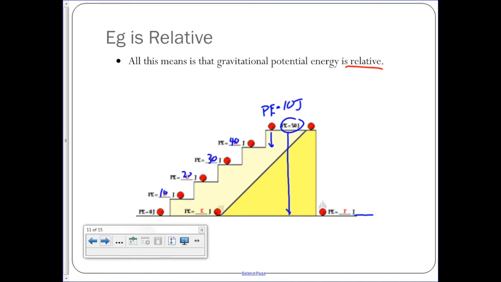So it really depends what you're looking at here. If you're looking from the first stair, you have this potential energy. If you're looking down to the ground, you have this potential energy. So it depends on what you're relating it to. Again, if we went down from this spot to the second step, we'd say that it has 20 joules. So it's all dependent on how high it is and what it's relative to.